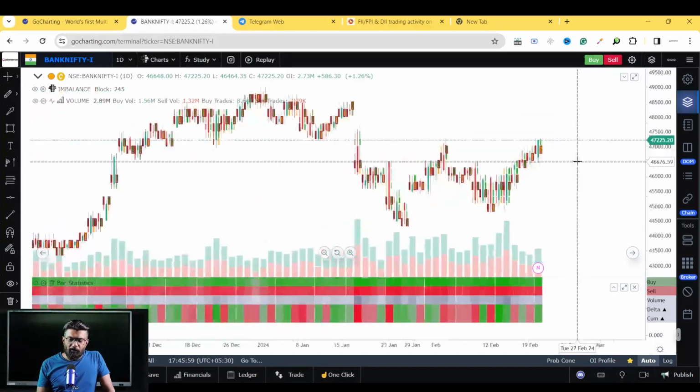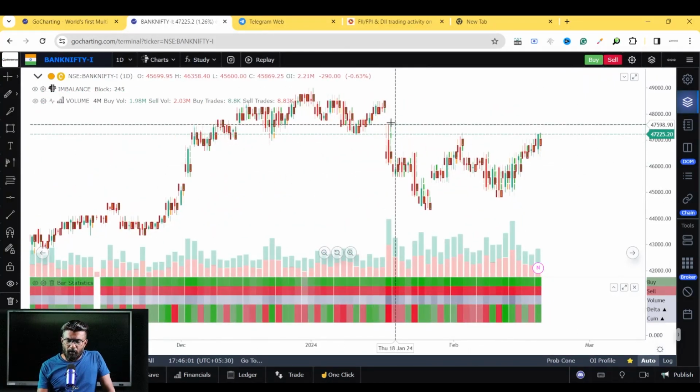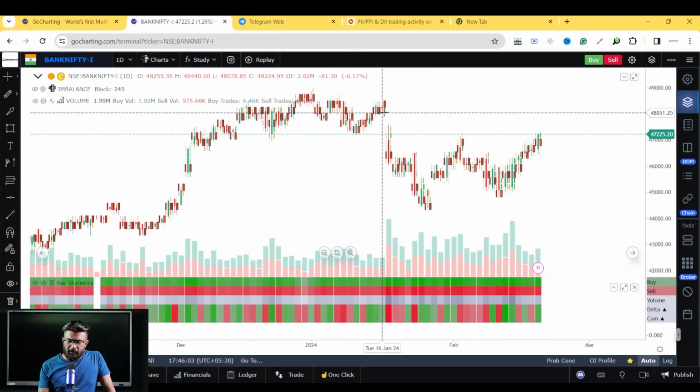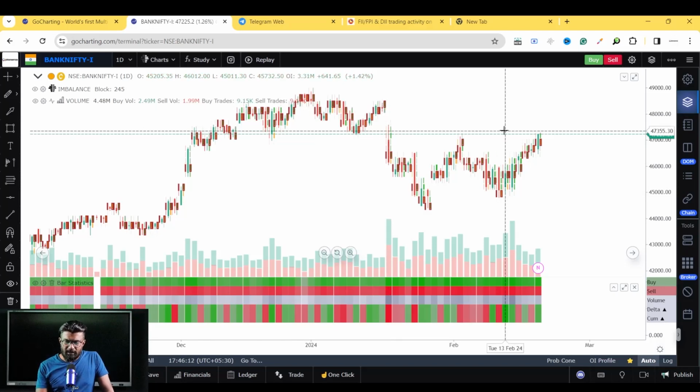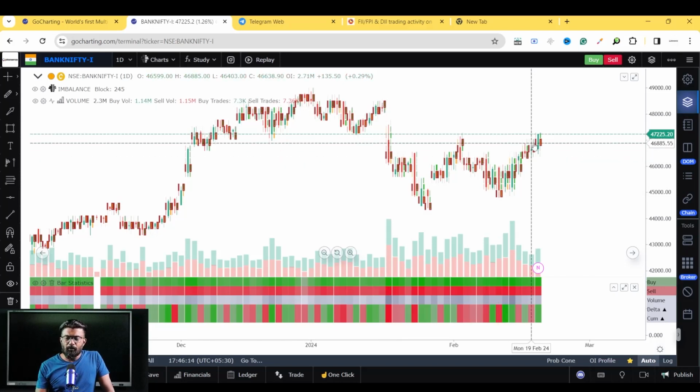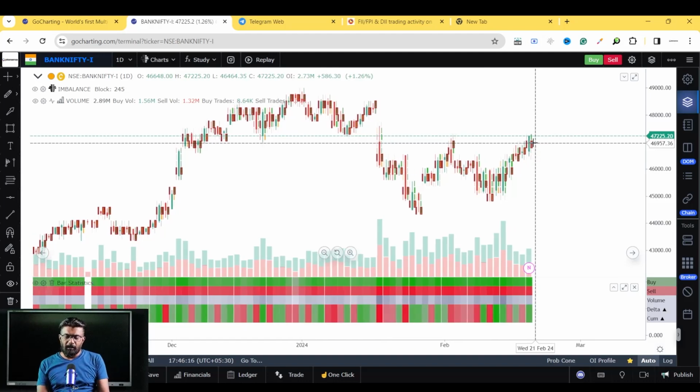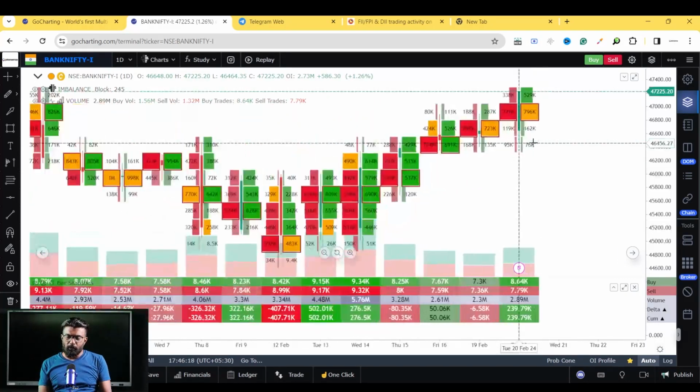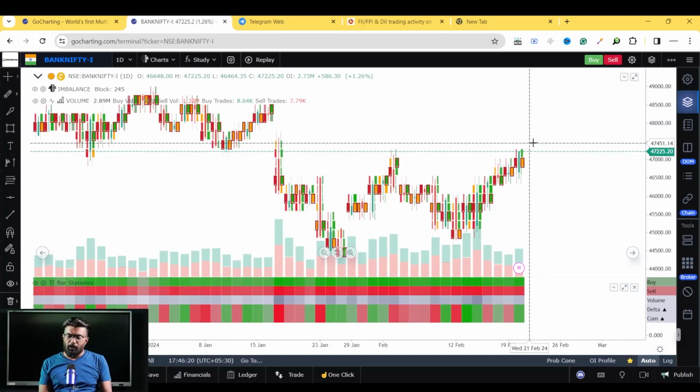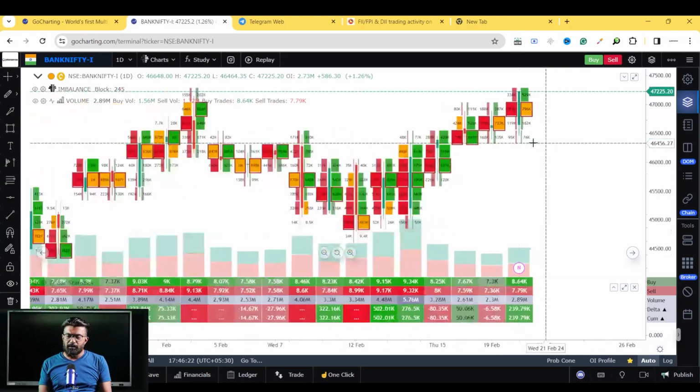And you have to remember this gap which was formed around 16th of January, when we had around 48,200 levels, right? You will have to remember this; whether the markets are going to fill this gap or not is what we have to check tomorrow.